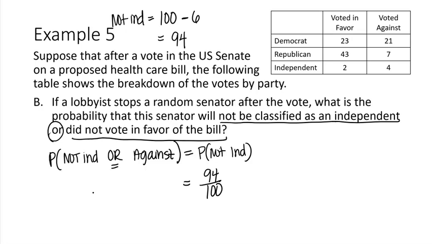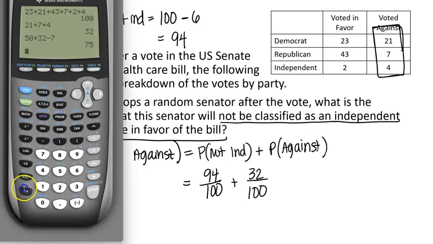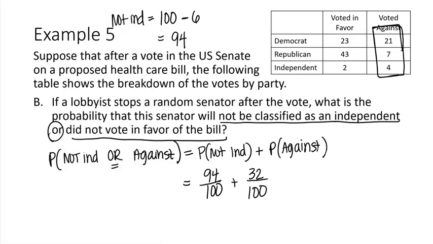But then the formula says or, so I add that to the probability of being against. So my against, we looked at that in the last example, those were 32 out of 100. If you tried to stop right there, notice you have more than 100 people. Something's wrong because there's only 100 people in this entire example.